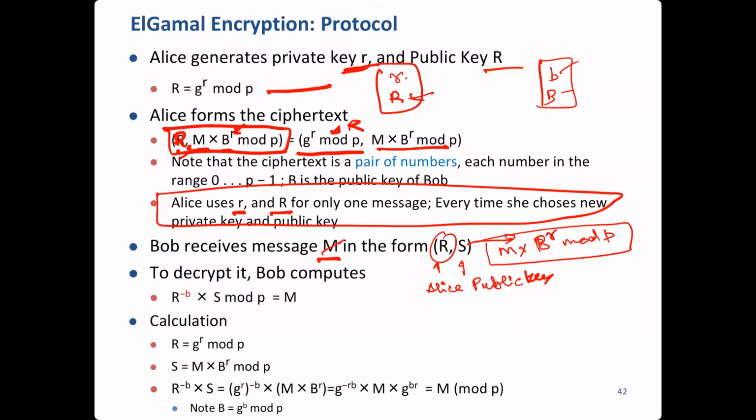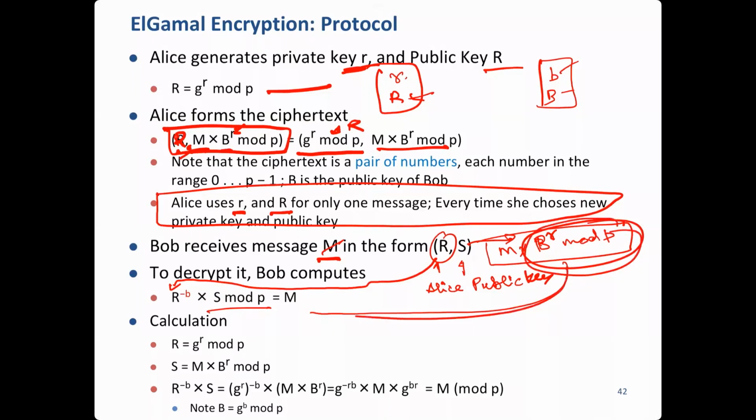He looks at R, which is Alice's public key, and exponentiates it with minus b, that's his own private key, and multiplies with S mod P. S is something that he has received, this M times B raised to the power r mod P. So basically whatever encrypted message he receives, all he does is multiply with R raised to the power minus b.